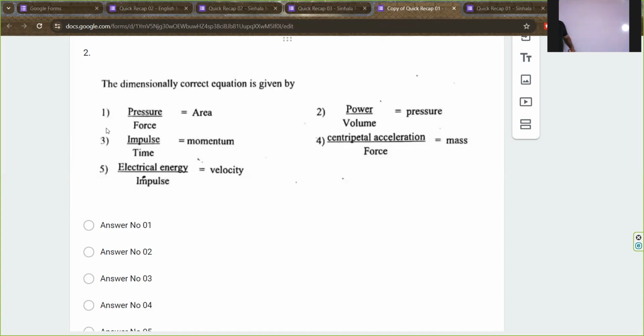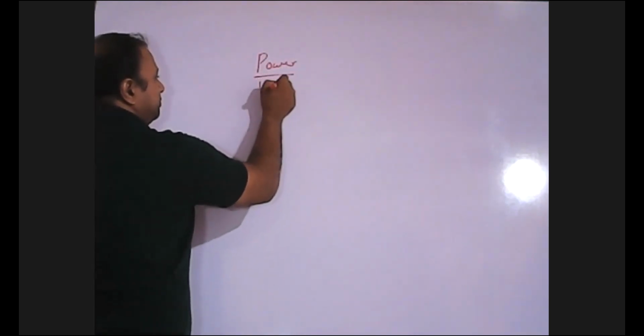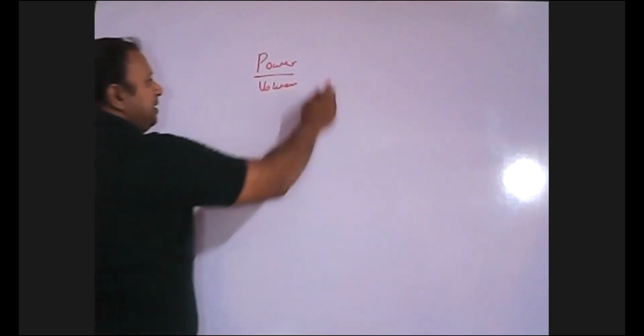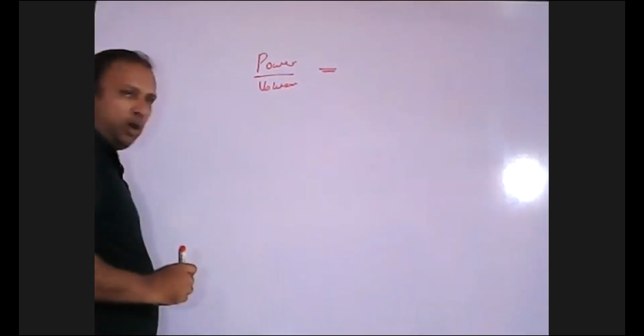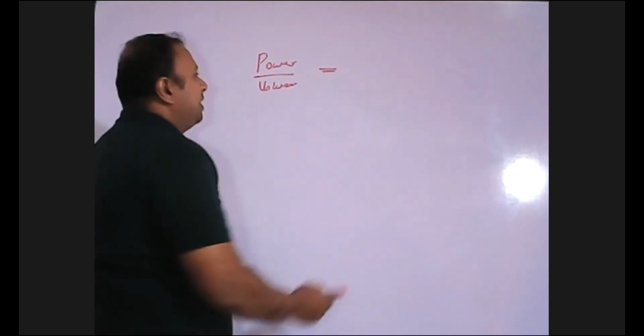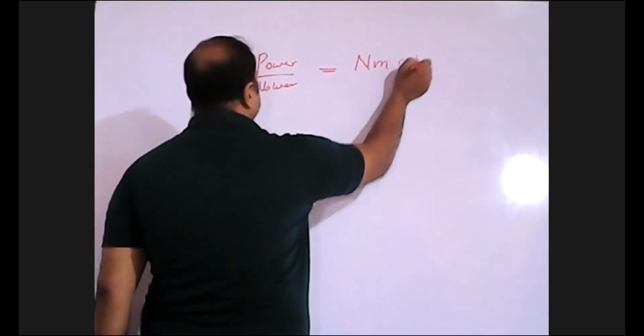Power means watt. Watt means joule per second, and joule means Newton meter per second.